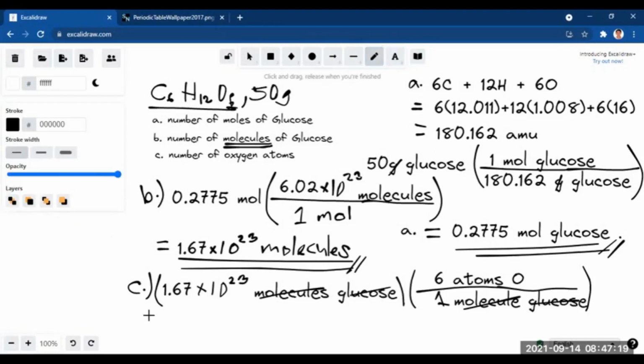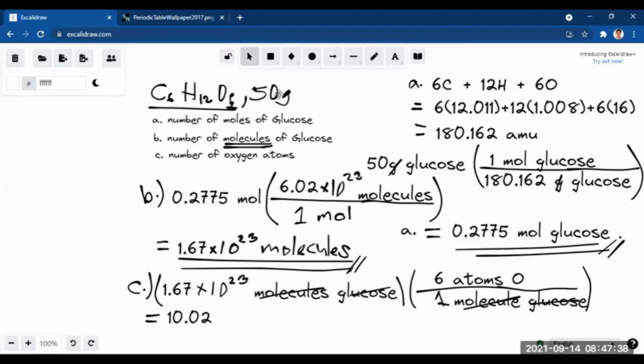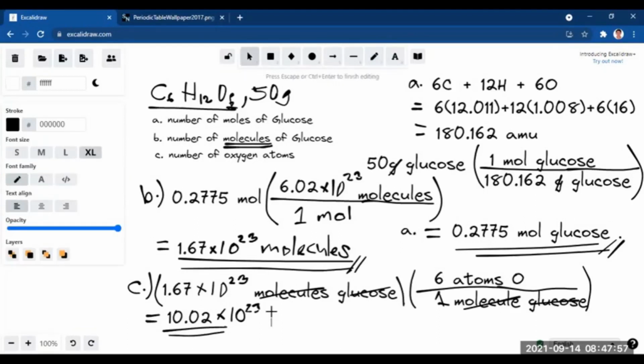We will be left with 1.67 times 6, which is 10.02 times 10 raised to 23 atoms of oxygen.